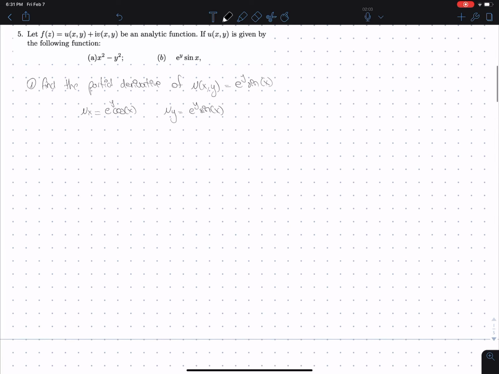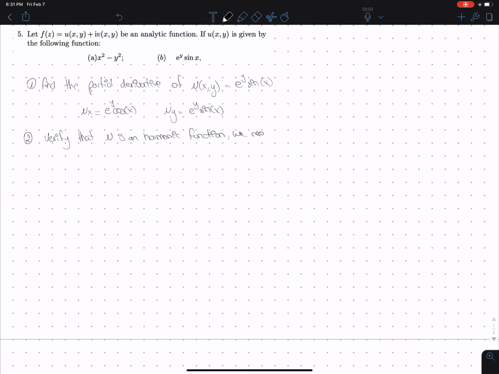Then the second step, step number 2, verify that u is a harmonic function. So in order to verify that u is a harmonic function, we need to take the second partial derivative and the addition.